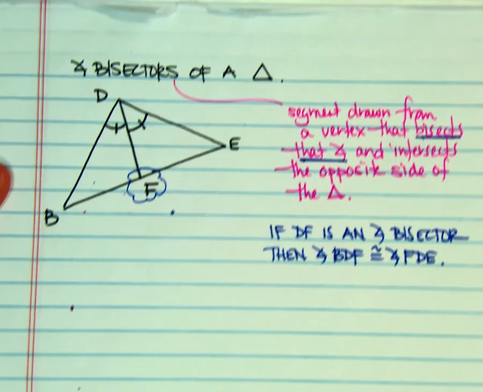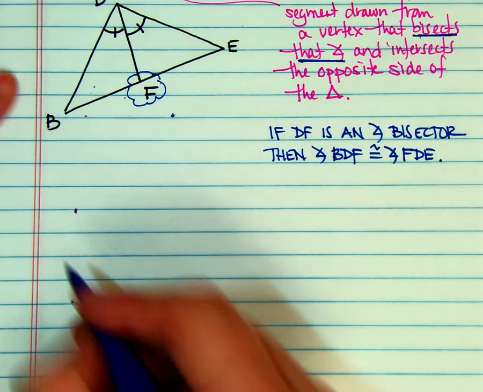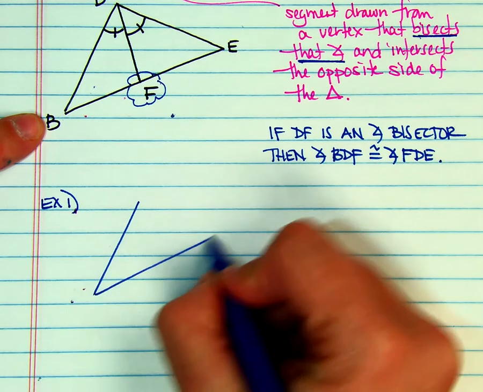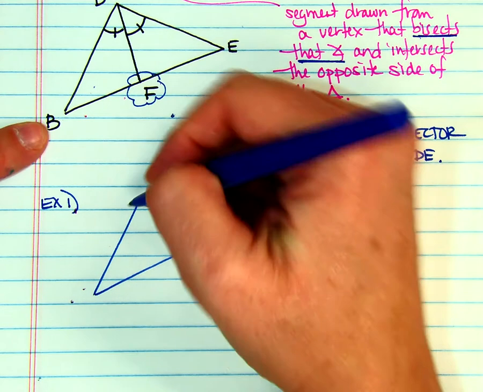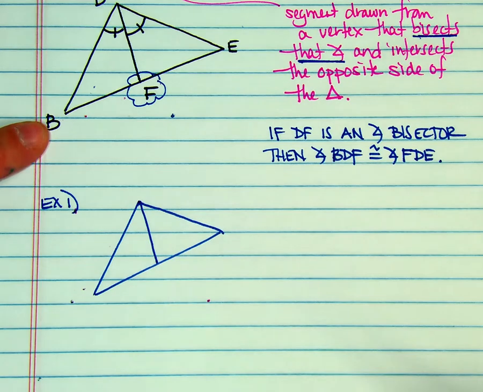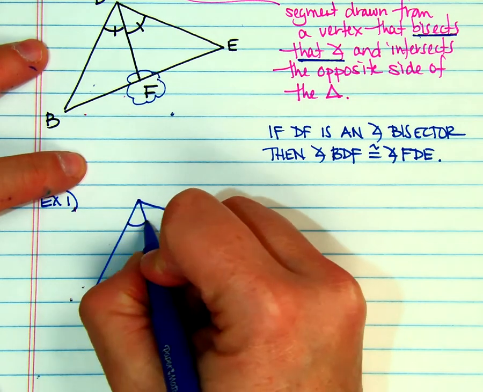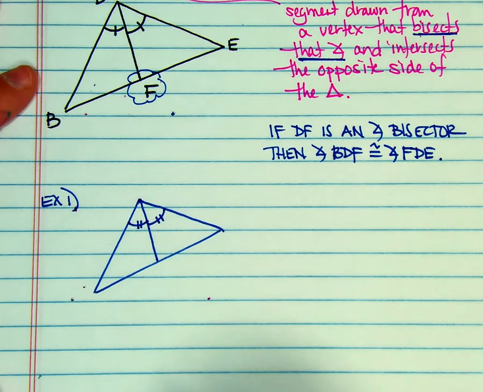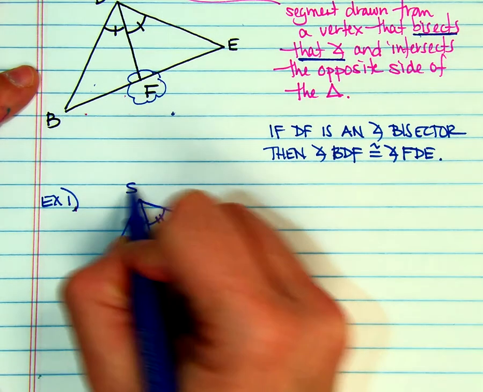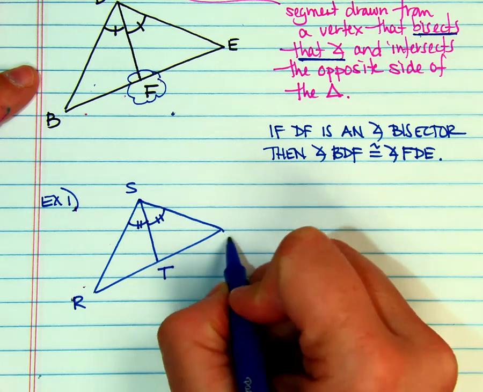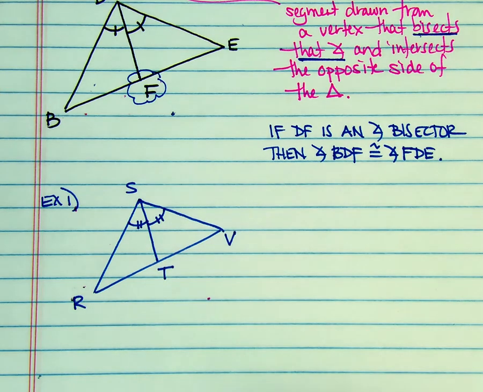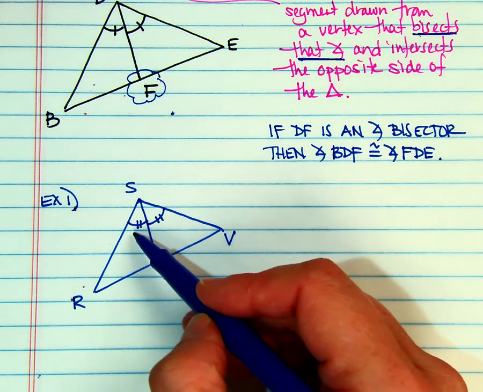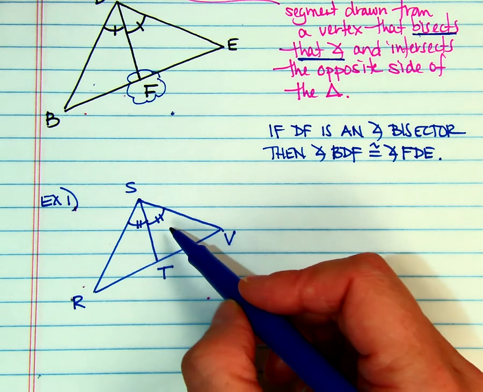So let's look at example 1. So we might say that it's an angle bisector, or you might just be given tick marks. Just kind of depends. So we have R, S, T, and V. From the picture, we know that ST is an angle bisector because of the tick marks showing that it creates two congruent angles.